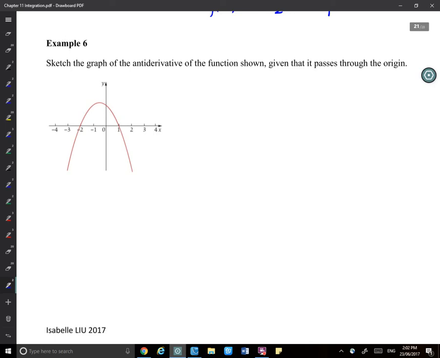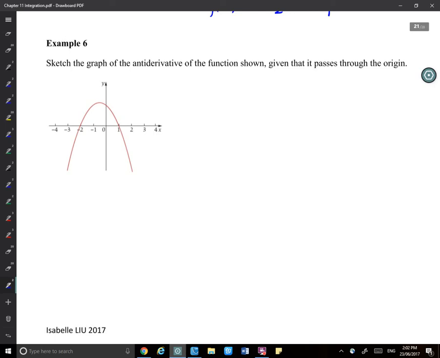Sketch the graph of the antiderivative of the function shown, given that it passes through the origin. Well, I just want to sketch the shape of the graph, not saying it's accurate. You won't really get an accurate graph.